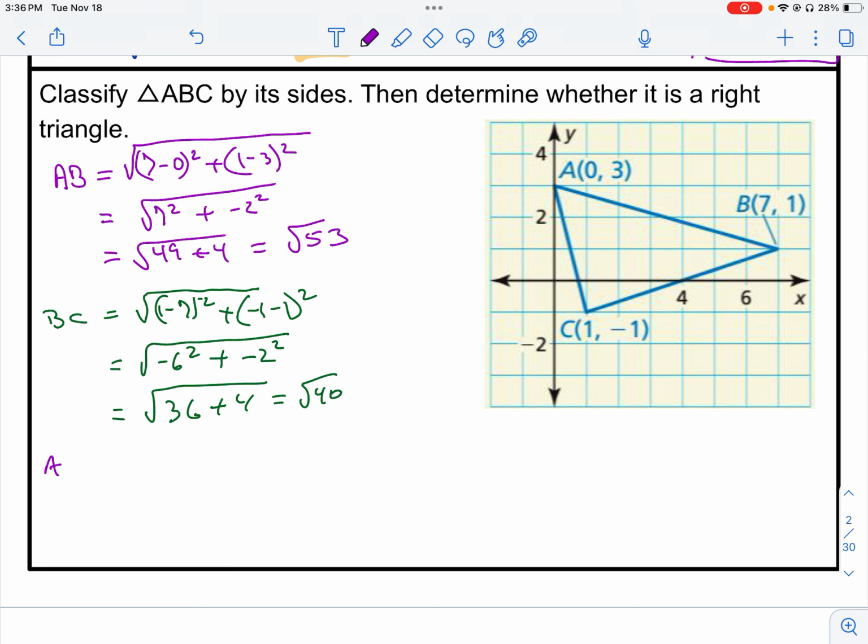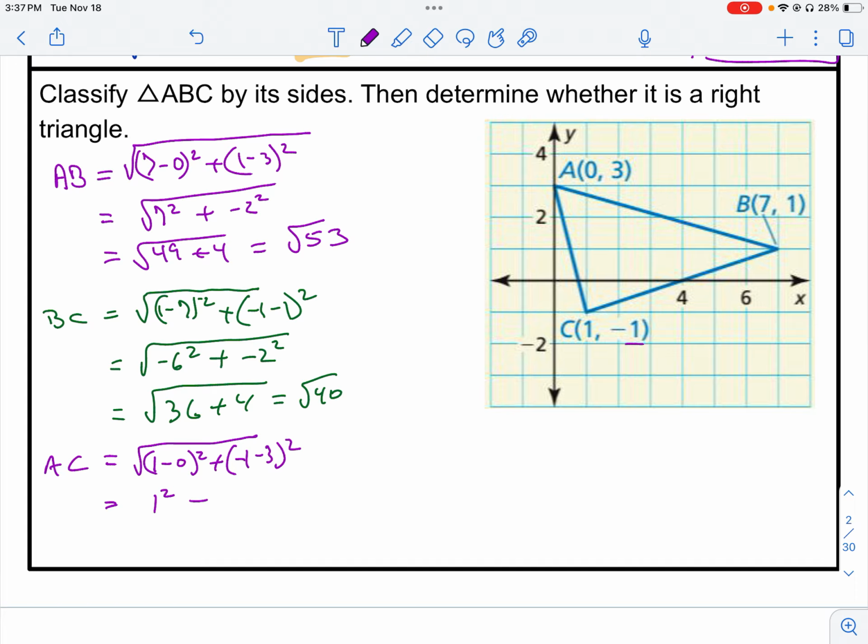Then we'll do AC. And AC we've got 1 minus 0 squared plus negative 1 minus 3 squared.